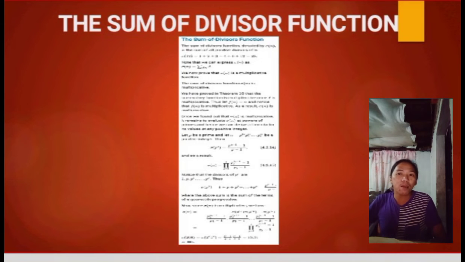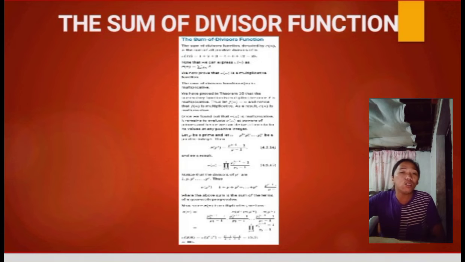So let p be a prime and let n = p_1^a_1 p_2^a_2 all the way to p_t^a_t. Then σ(p^a) is equal to (p^(a+1) - 1)/(p - 1). As a result, σ(n) is the product over j = 1 to t of (p_j^(a_j+1) - 1)/(p_j - 1).